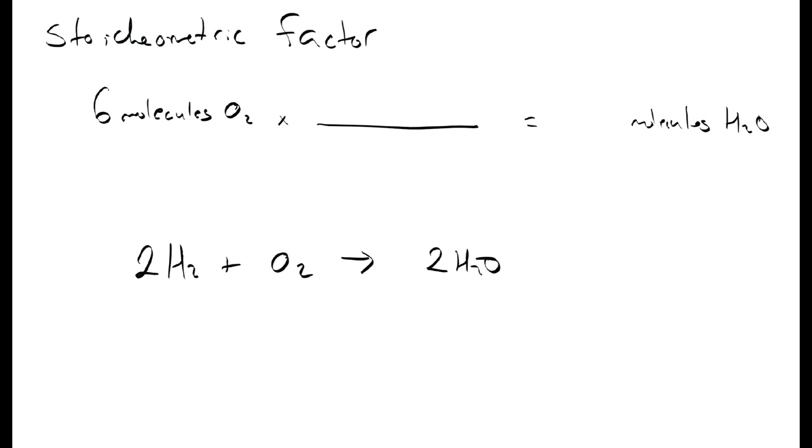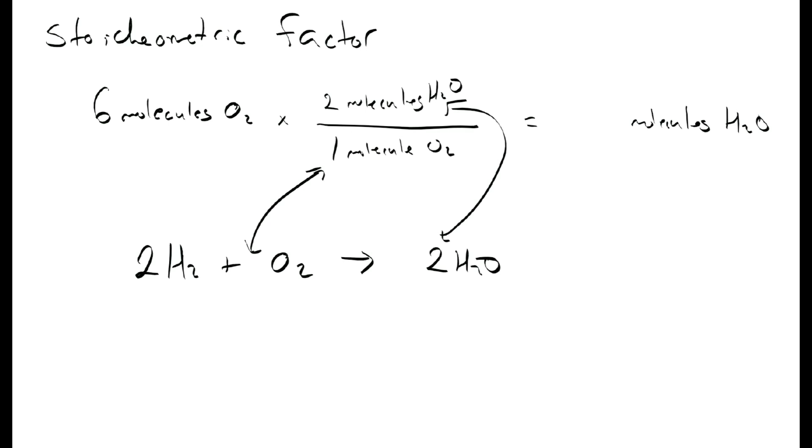Okay, so for this particular reaction, you're going to 2 molecules of H2O, so it's 2 molecules of H2O for every 1 molecule of O2. So the conversion factor will always be made up of 2 different parts, and each of those is the coefficients found in the balanced reaction. Okay, so that's how we get 12 molecules of H2O. For every 6 molecules of O2, molecules of O2 cancel out, you're going to get 12 molecules of water.